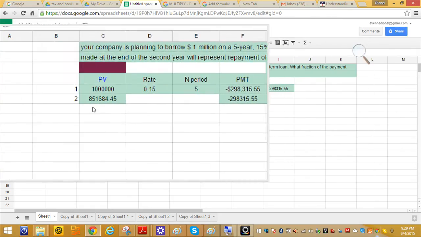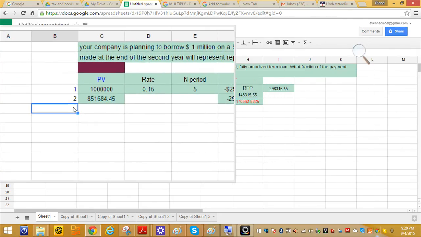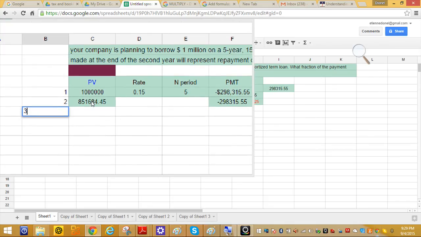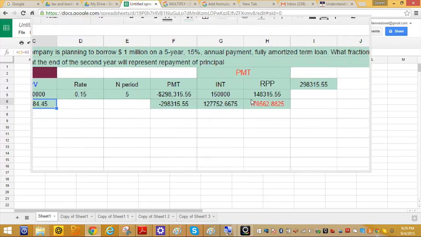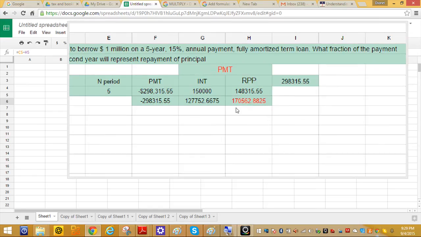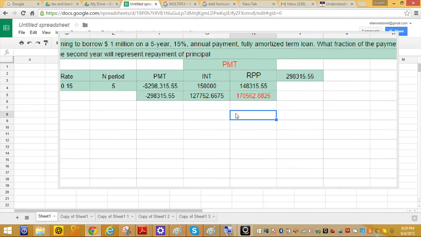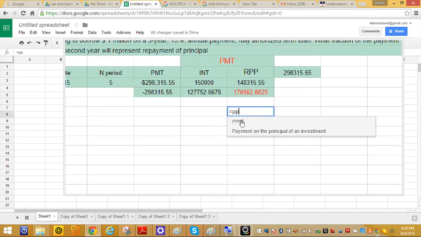So if I have the third year, I'm gonna have a new balance. The new balance is gonna be this balance minus this one. Now that's the solution. But you know, guys, there is a way to do it quickly. There is a formula called payment on principal, PPMT.